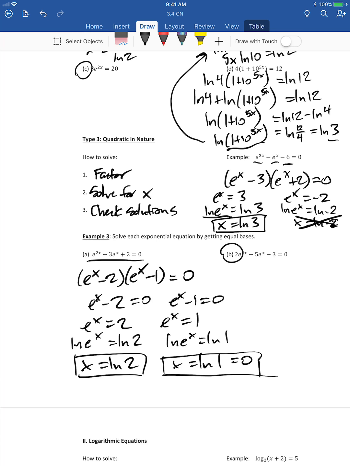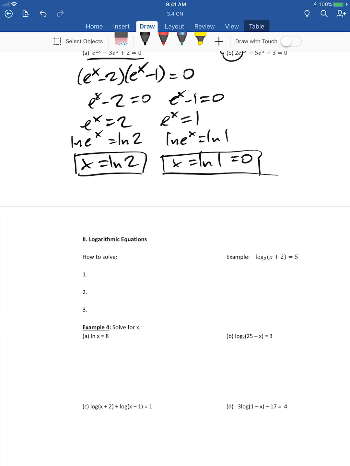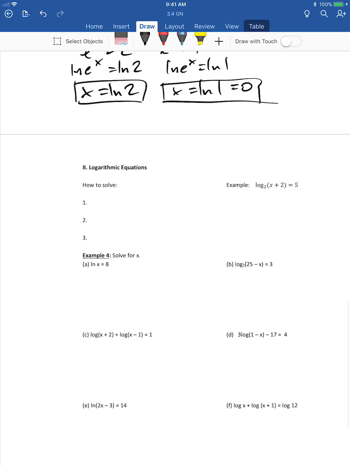Go ahead and try B on your own, in the interest of making this video as short and simple as possible. And we are going to move on from exponential functions to solving logarithmic functions. These are pretty fun. So there are 4 steps here. My first step is to isolate logs on one side.